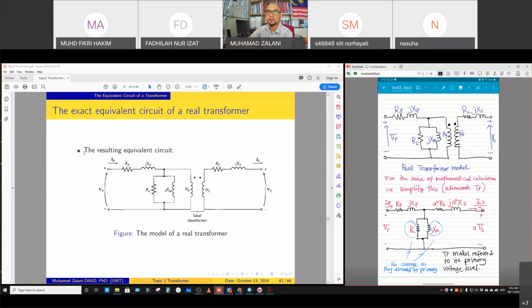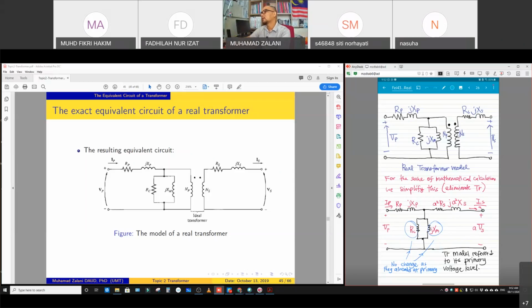As you can see in your PDF slides, this is the model of the real transformer. I redrew it in my lecture notes here. We have the series RP plus jXP at the primary side. This represents the winding resistance, and this one represents the leakage inductance at the primary side. The RC and jXM in the parallel branch represent the hysteresis and eddy current losses and also the magnetizing current.